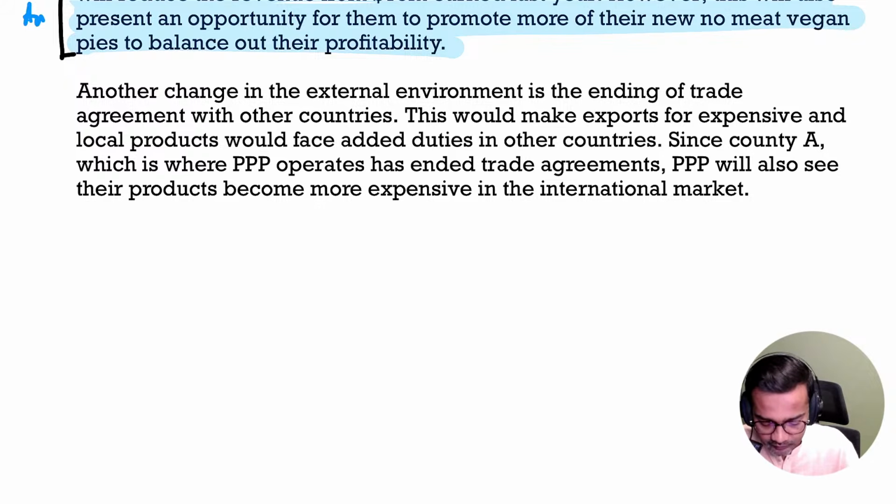What else? What was I thinking? It makes them more expensive, right? So international expensive. This would make it, sorry, let me just move this up.